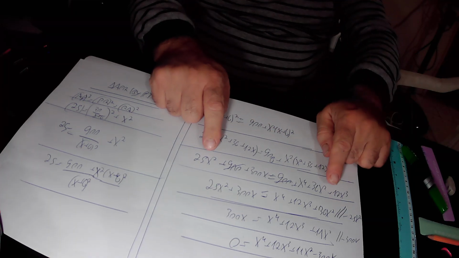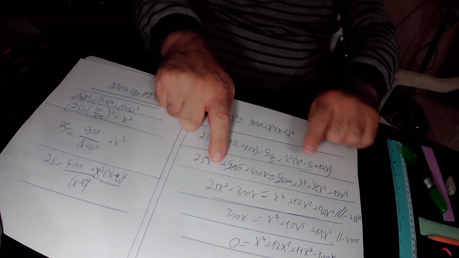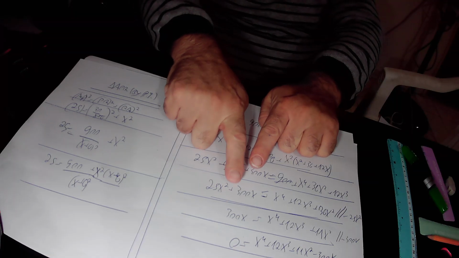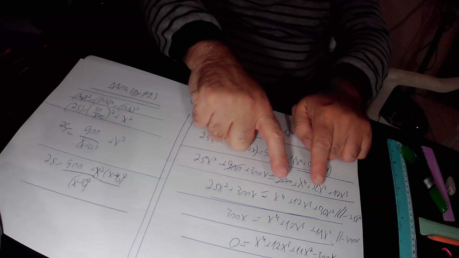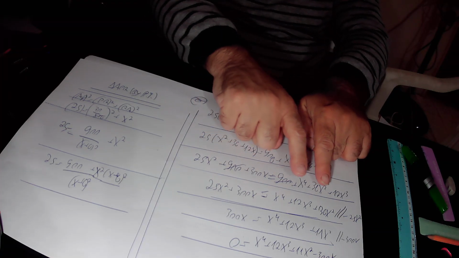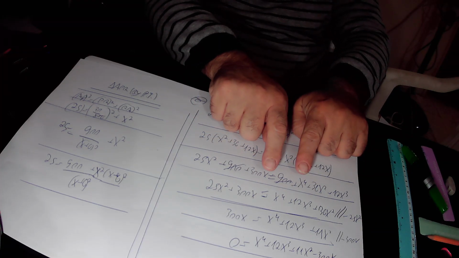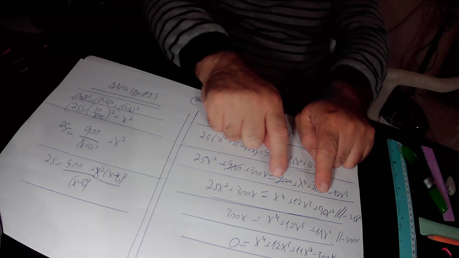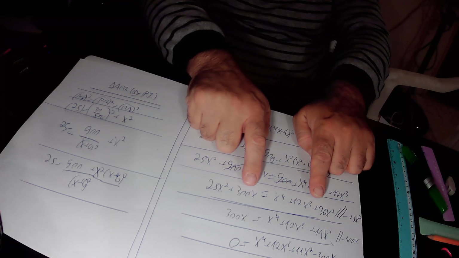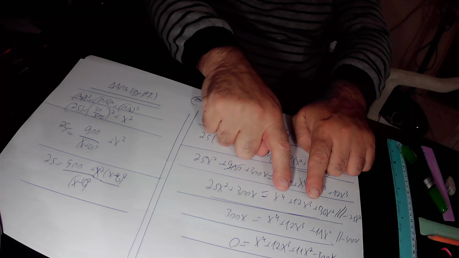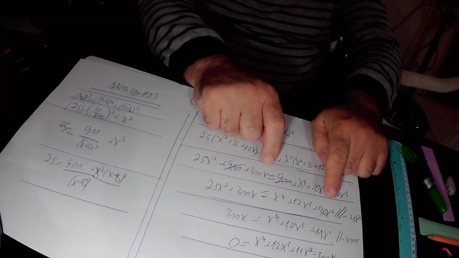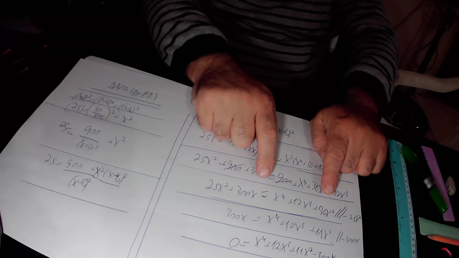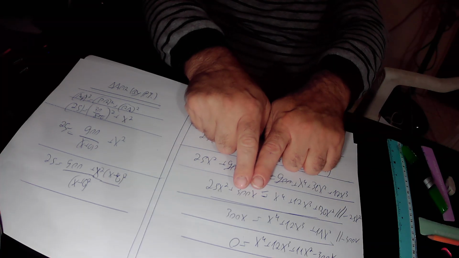So here we subtracted 25X² from this equation, so we are left only with 300X, while on the other side we are left with X to the power of 4 plus 12X³, and 36X² minus 25X² equals 11X². So in total we find that 300X equals X to the power of 4 plus 12X³ plus 11X².